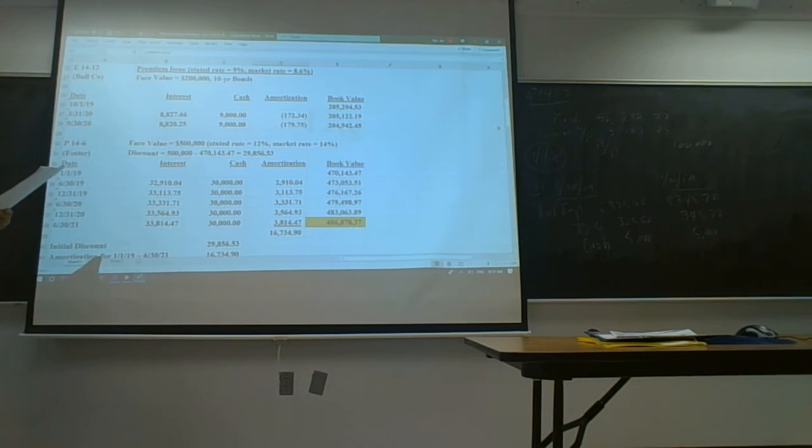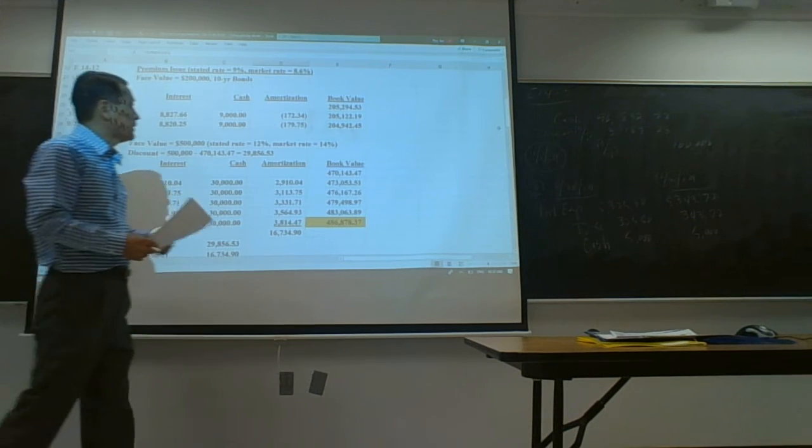Interest is paid semi-annually on March 31st and September 30th. The proceeds from the bond issuance were $205,294.